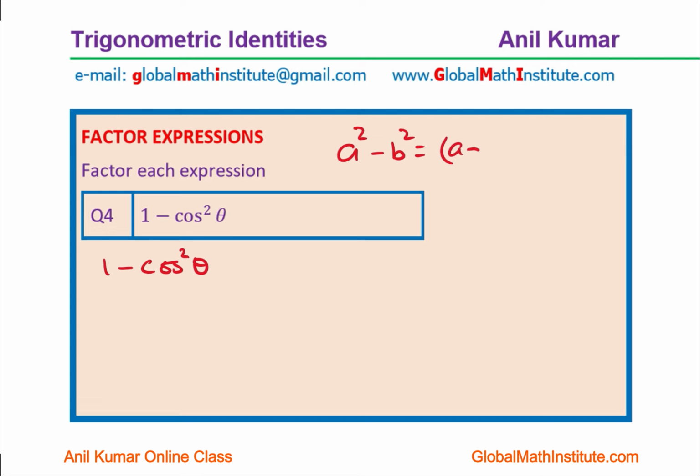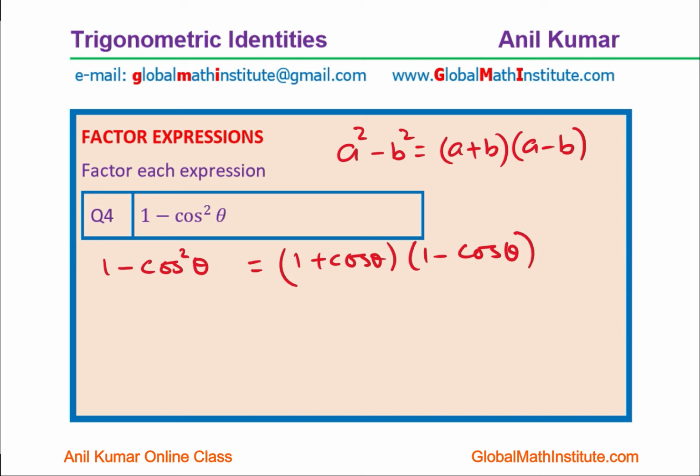It is equal to the product of sum and difference, right? So this is what we are going to do. So 1 minus cos square theta can be written as 1 plus cos theta times 1 minus cos theta, correct? So that is how we factor, and this will help us to prove many identities.